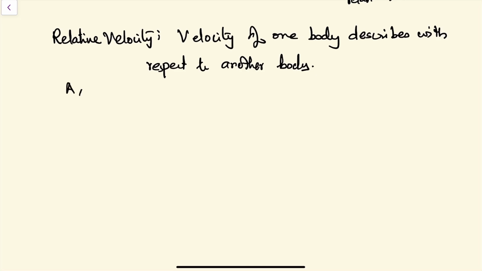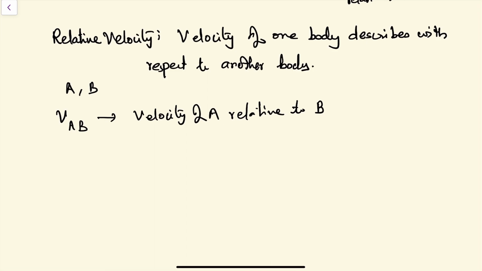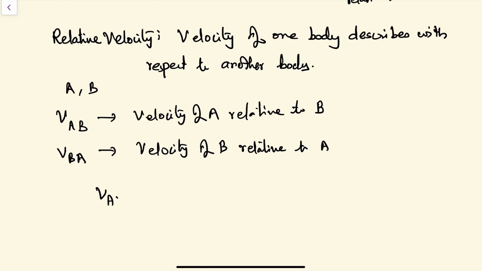Suppose A and B are the two bodies. Velocity of A relative to B is VAB. Velocity of B relative to A is VBA. So VAB is equal to minus VBA.